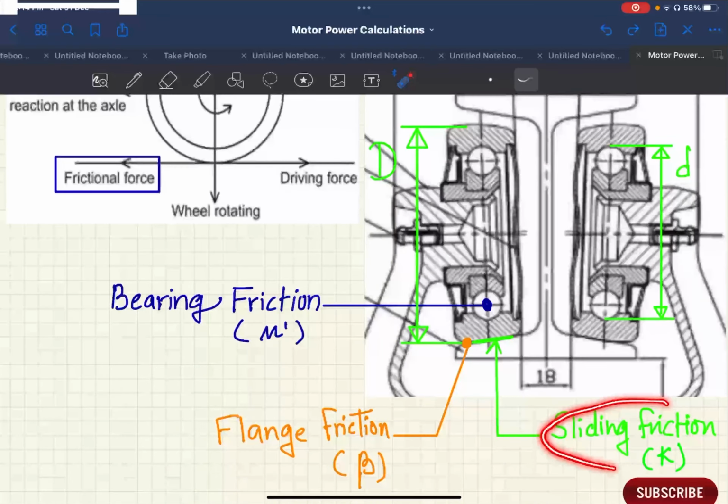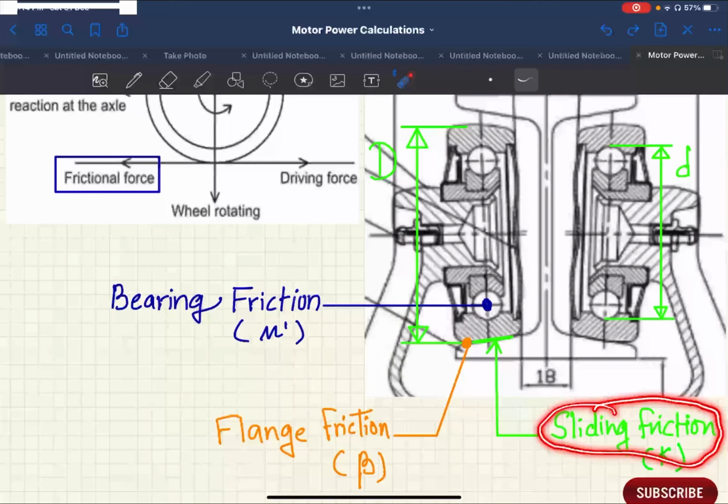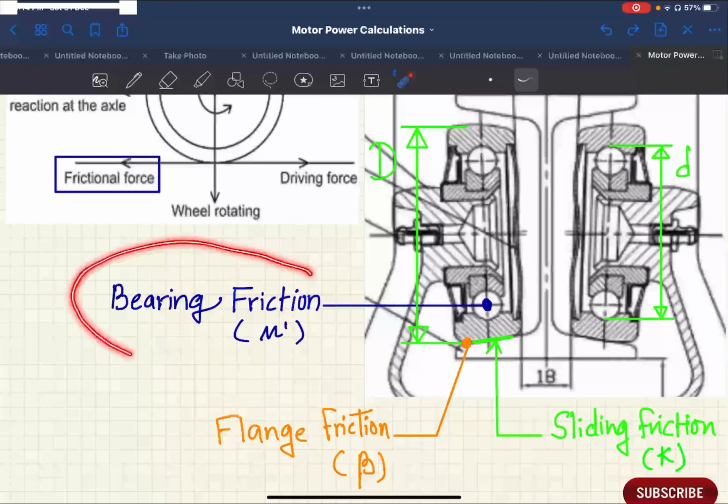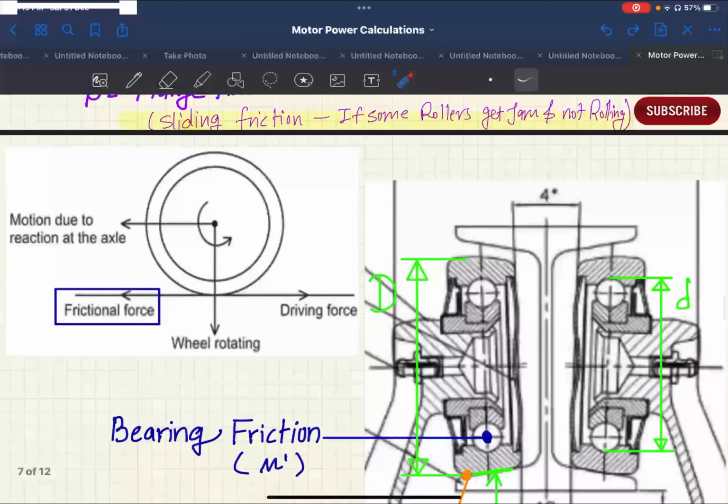Sliding friction is considered because some rollers may get jammed and cannot roll on the track, but due to the force of the motor, they slide on the track. So that's why we also need to consider sliding friction. Bearing friction comes from the catalog. So these are the 5 points we have to consider.